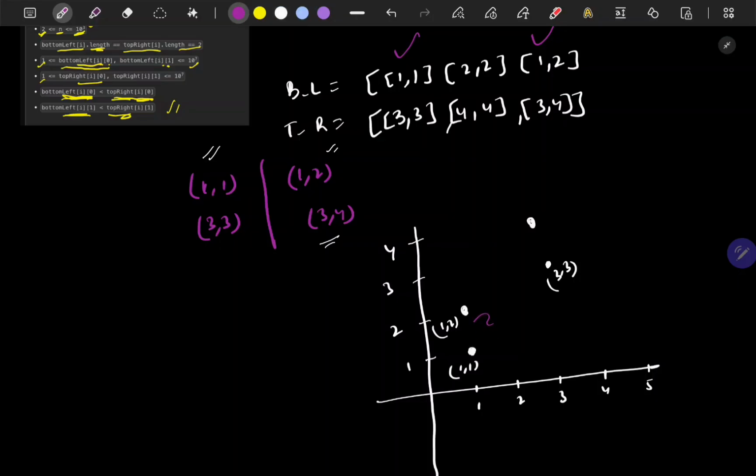So our first rectangle is this one, and our second rectangle is this one.